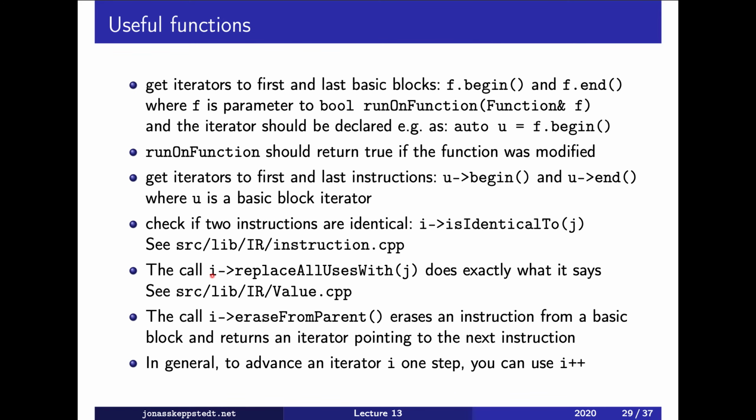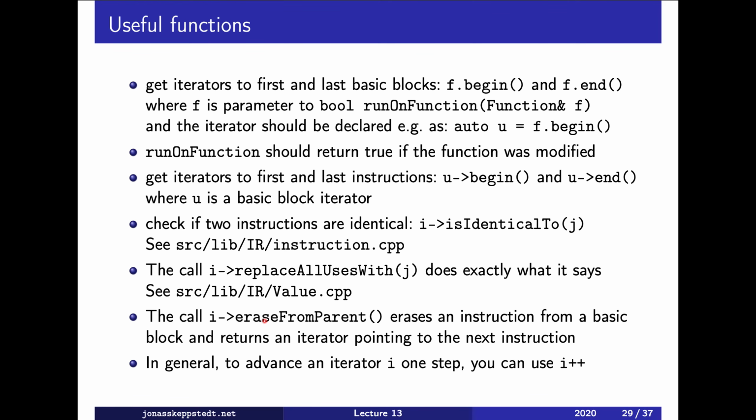So if we have an iterator to a certain instruction, we can call the instruction I for convenience. Then we can replace the uses of this instruction with another instruction using this one. And it's defined in this file.